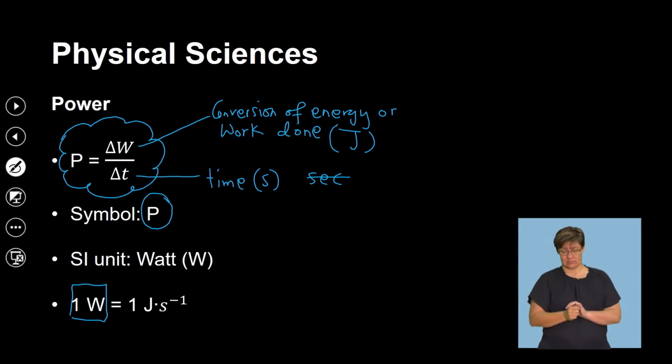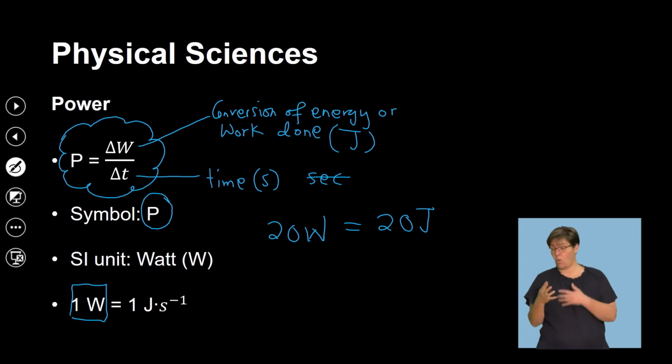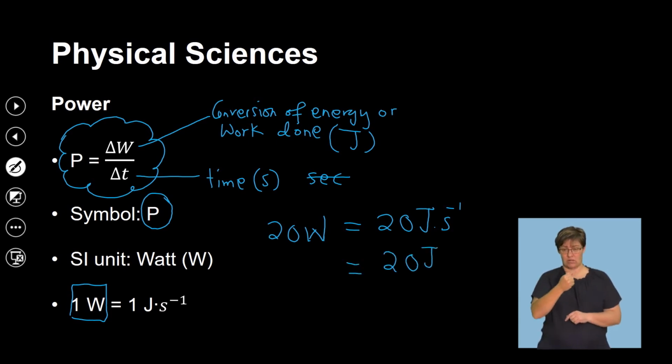Correspondingly, if we had, for argument's sake, a 20 watt device, it means it converts 20 joules of electrical energy into whatever form for every second. In other words, we've got 20 joules of work done or energy conversion in every second.